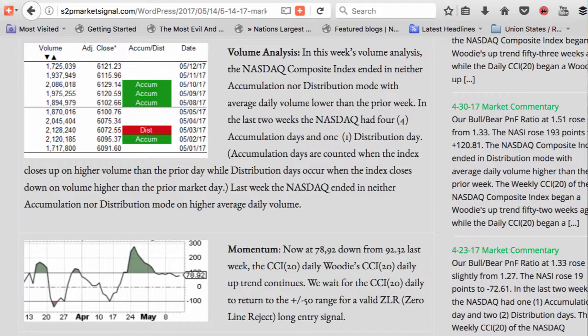Accumulation days are counted when the index closes up on higher volume than the prior market day, while distribution days occur when the index closes down on volume higher than the prior market day. Last week, the Nasdaq ended in neither accumulation nor distribution mode on higher average daily volume.